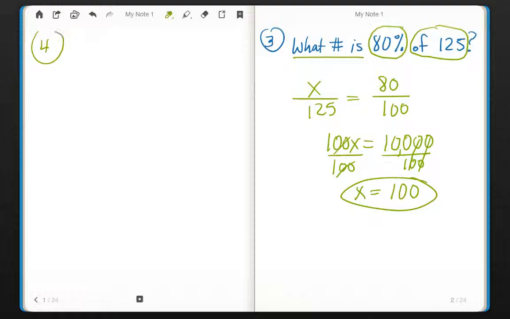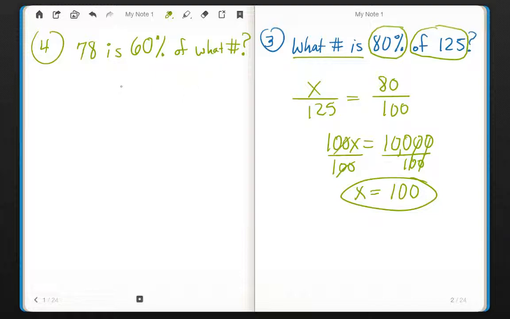Okay, let's try this one. 78 is 60% of what number? If you have your calculator, we'll use them here in our notes.